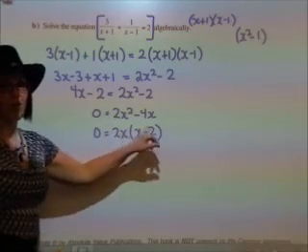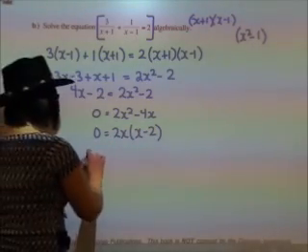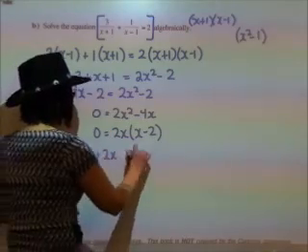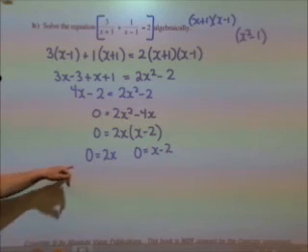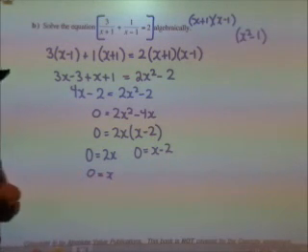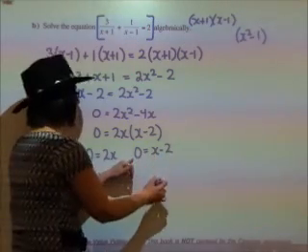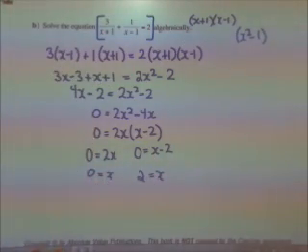If either one of those factors equals 0, the equation would equal 0. So I'd have 0 equals 2x, and 0 equals x minus 2. So if 0 equals 2x, I get that x equals 0. And when x minus 2 equals 0, I have that x would equal 2. And now I have my two solutions.